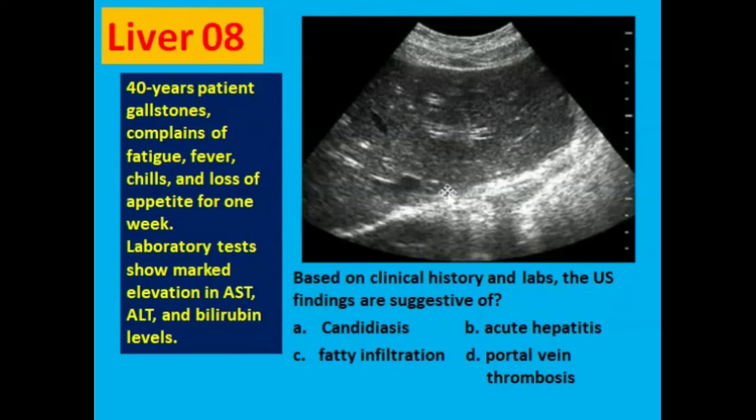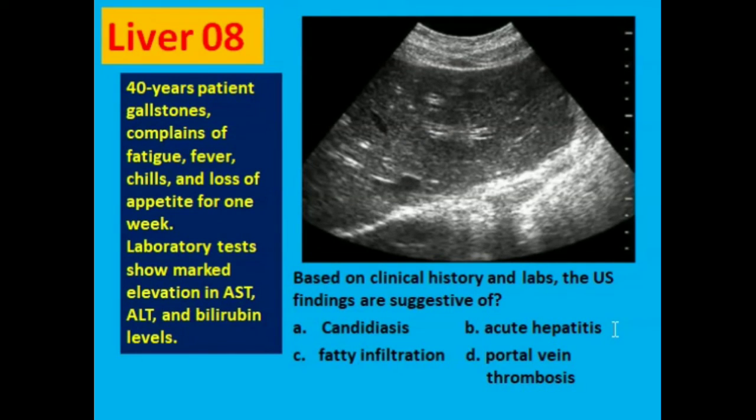The liver parenchyma appears slightly hypoechoic with prominent portal triads, which appears to be a starry sky. The patient's clinical history, along with these sonographic findings, are most suspicious for option B, which is acute hepatitis.